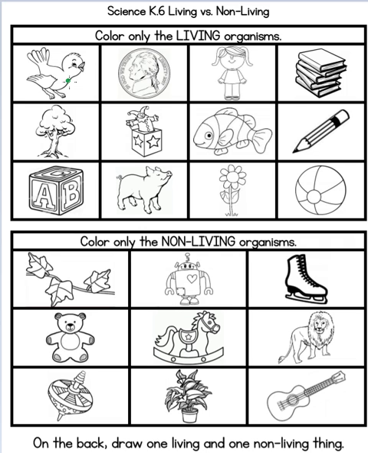So the first picture is a picture of a bird. Is a bird living? Yes, we know all animals are living. So I'm going to circle the bird. All right, the next picture, do you know what kind of coin this is? This is the coin that is worth 5 cents.